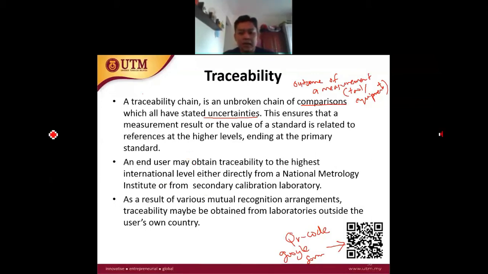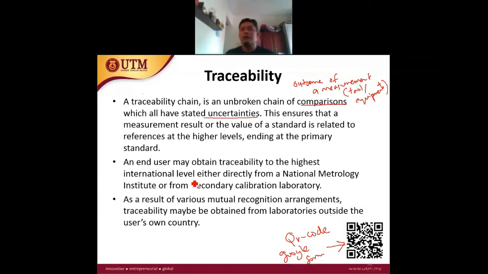So like I explained, the end user may obtain traceability to the highest level, where obtain means they can request through the national lab. Only the national lab can do the traceability. They have the authority. The user can only request.